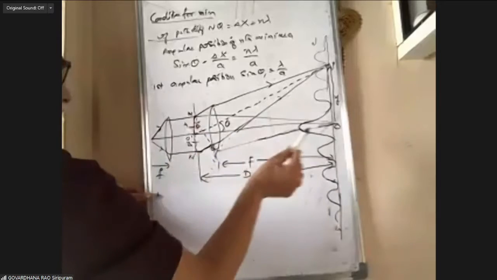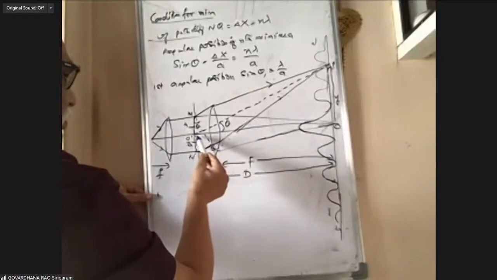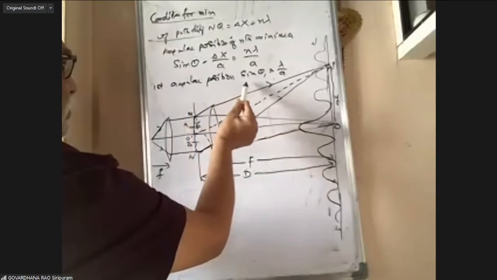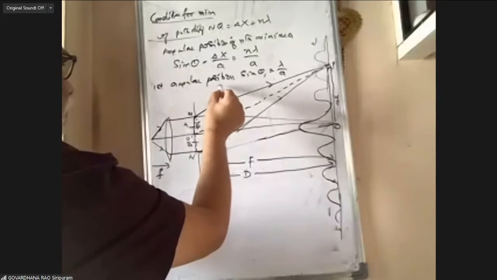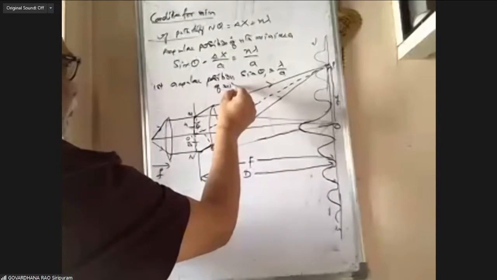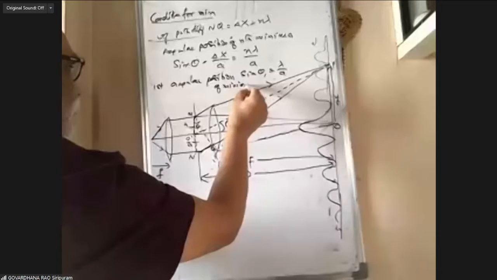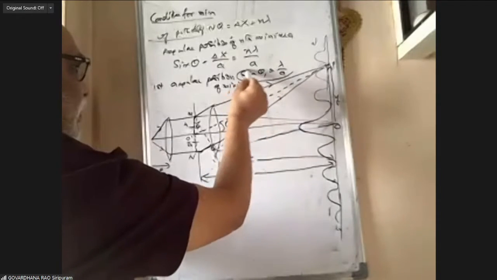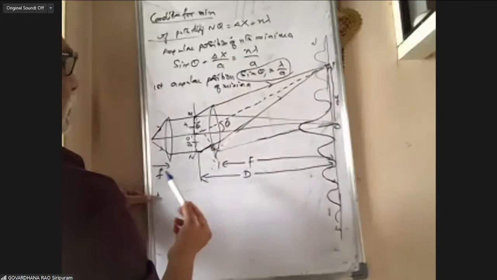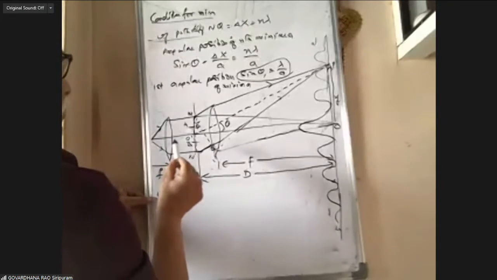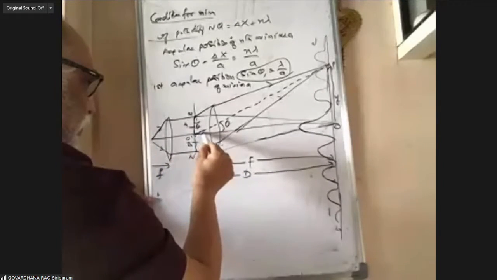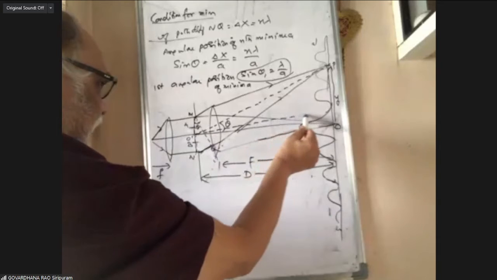Now, the first angular position of minima is tan theta 1 equal to lambda by a. This is the first angular position of minima.